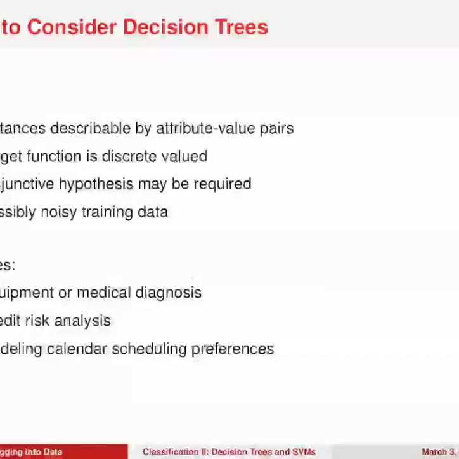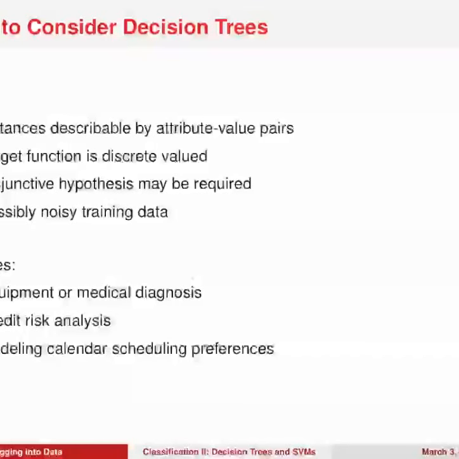For example, if you're trying to predict whether someone has a disease or not, and you want your final classifier to be vetted by an expert like a doctor, then a decision tree is a good choice because you can show the decision tree to an expert and ask them to say what they think of the classifier that you learned.